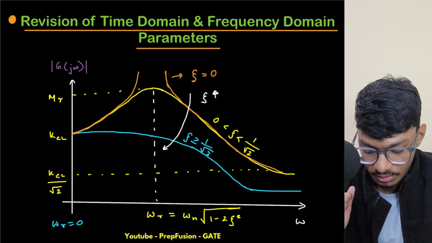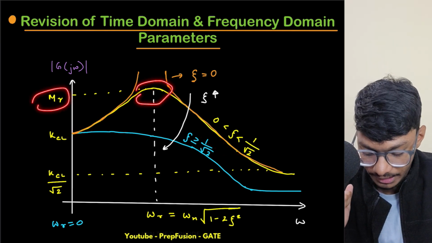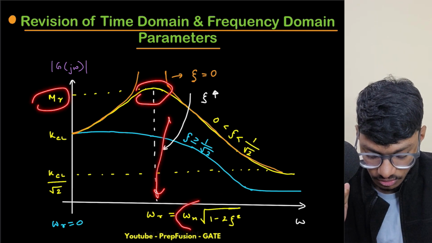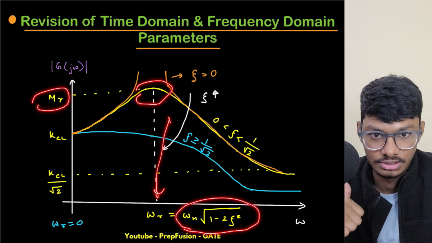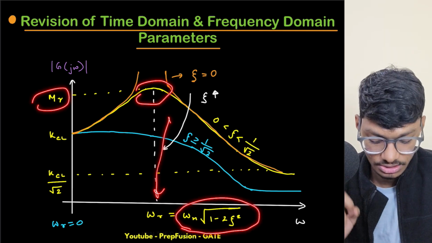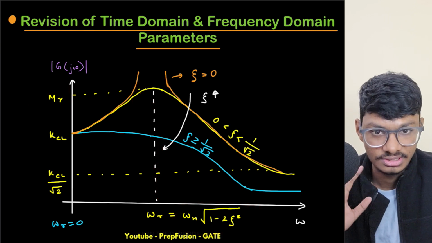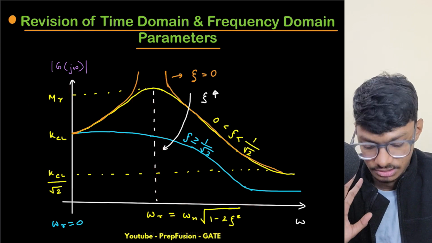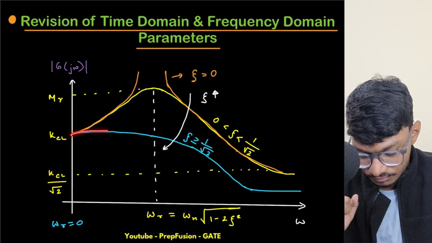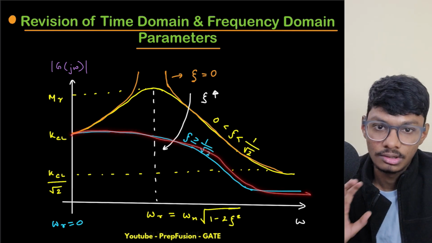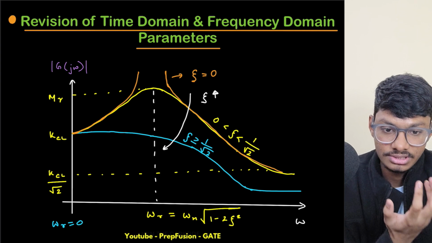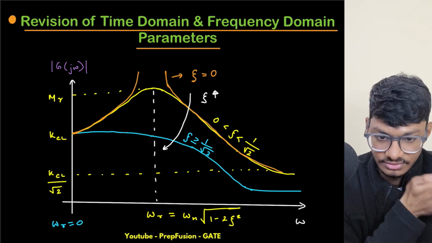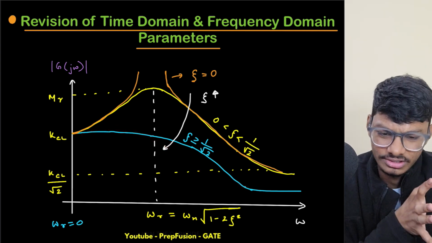If you recall correctly, it will have a resonant peak of MR at resonant frequency omega r, which equals omega n into root of 1 minus 2 zeta square, where zeta has a condition: zeta should be less than 0.707 and more than 0. And here this will be my plot for a system which has zeta greater than 0.707. And for critical damped also it is almost similar.